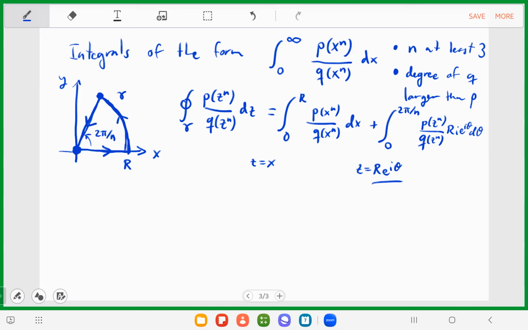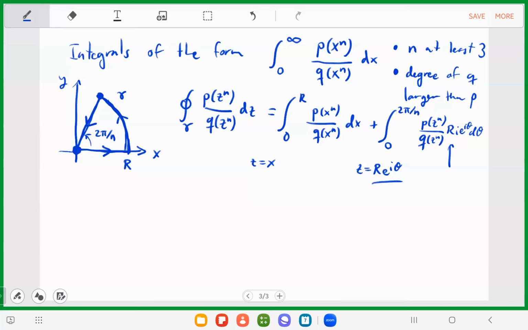It depends on the degree, but not the degree of the polynomial of z, rather the degree of the polynomial of z to the n is larger for Q. So the power of z will be at least 3 larger for Q than for P. So even if we have this R in the numerator, we will still have a function which, when we evaluate it, will be complex numbers with a modulus that goes to 0 when R goes to infinity.